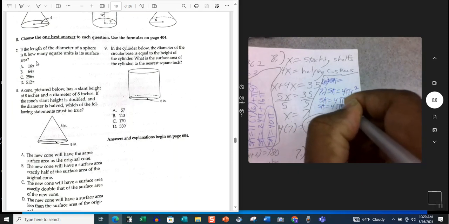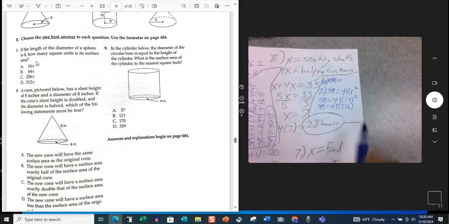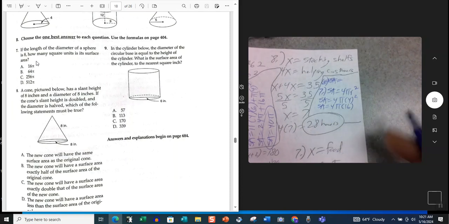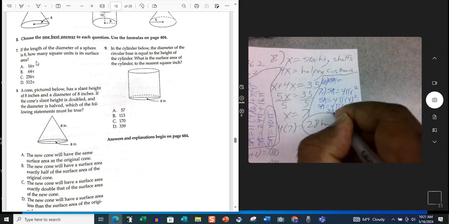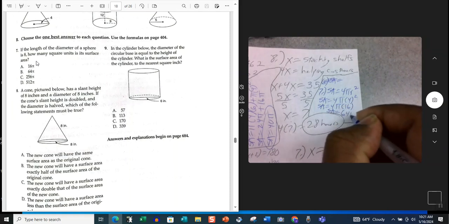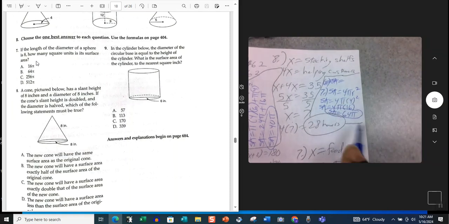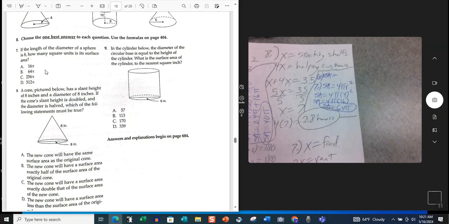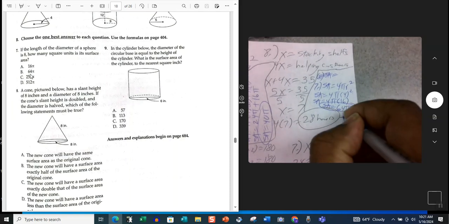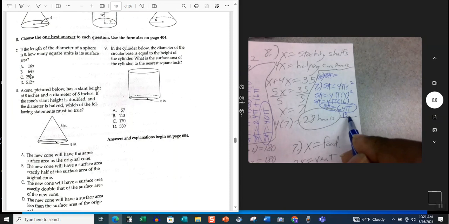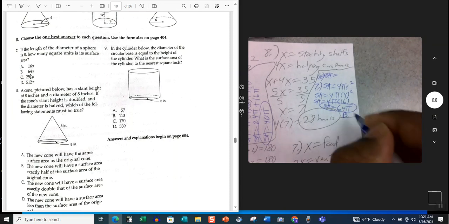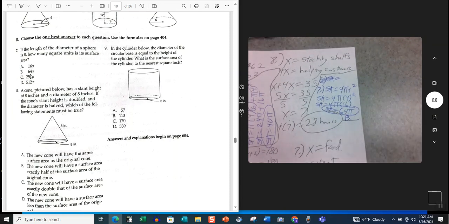So we have 4 times pi times 16. Now we'll multiply 4 times 16. 4 times 16 is 64. So the surface area would be 64 pi. So if we look here, 64 pi is B. So our answer selection would be B. All right, so that took care of problem number 7.